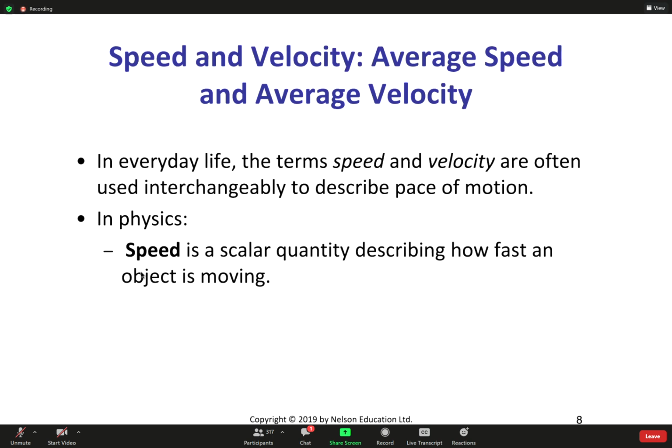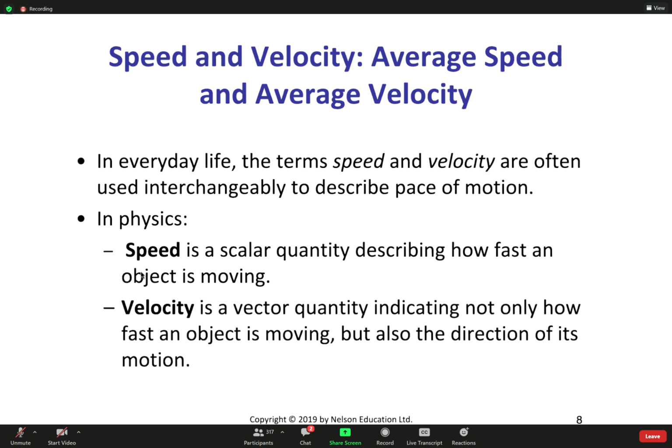Okay, that would be me speed walking. But velocity is a vector, so it also describes the direction of motion, meaning that I would say I'm speed walking at 3 meters per second northward. So I also need to add in where exactly I'm going.